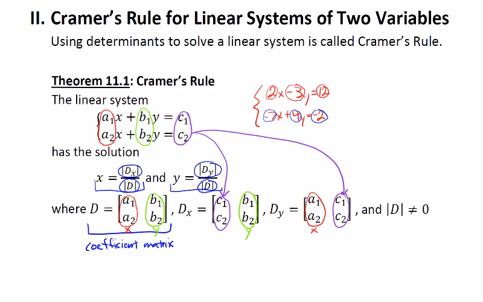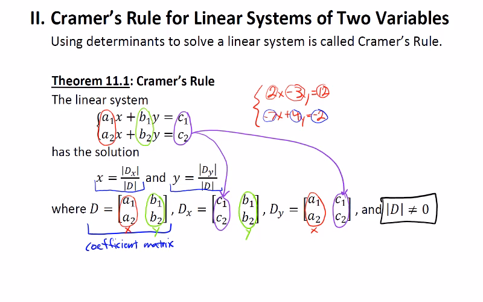One last thing though to mention is what's going on over here at the end. It says the determinant of D is not allowed to be 0. That becomes significant once you start looking at the ratio for x and y a little more closely.